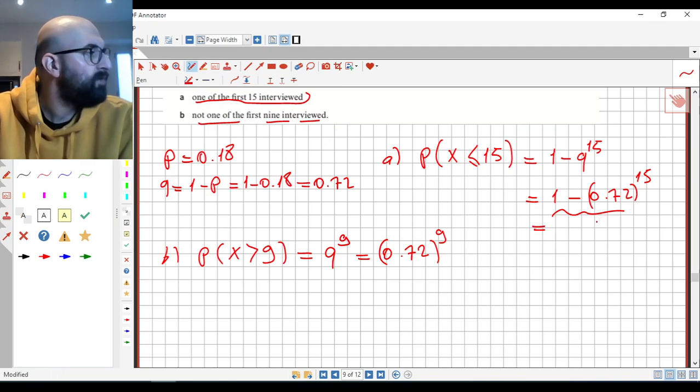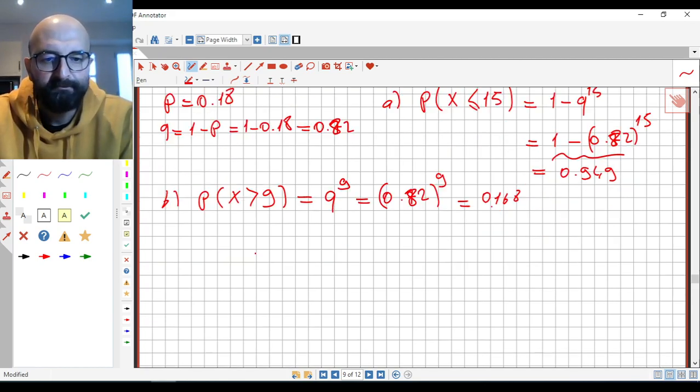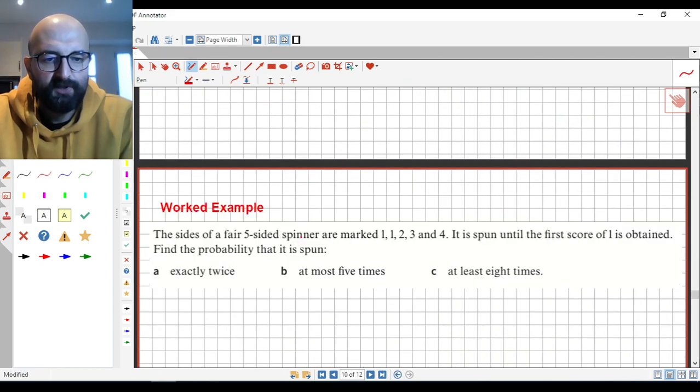The result of the first question is 0.949, and the result of the second part is 0.168. By the way, I have a little mistake: 1 minus 0.18 is 0.82, not 0.72. I want to make this correction.